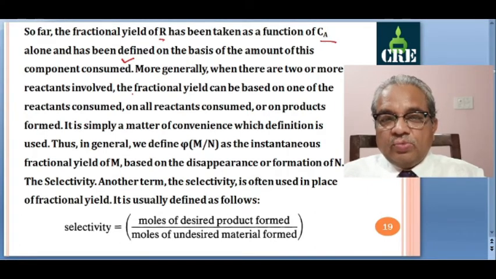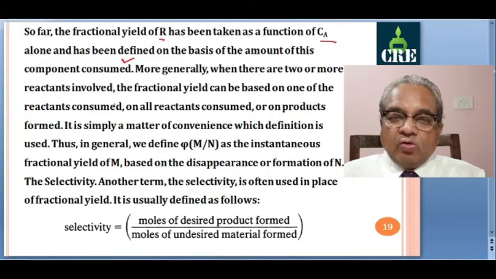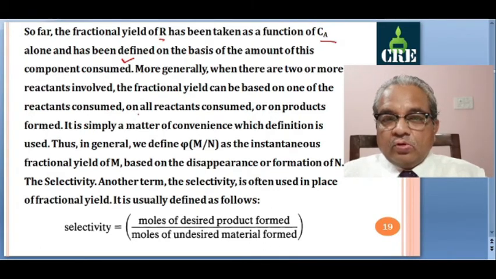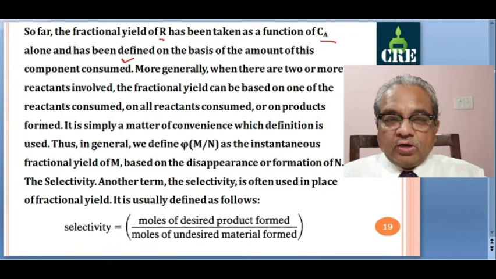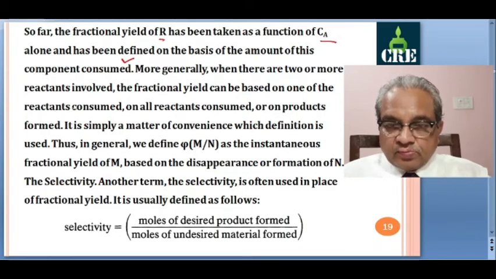So if A plus B, where A and B are the reactants, then the fractional yield can be based on either A or B, on all reactants consumed, or on the product formed. So three ways.